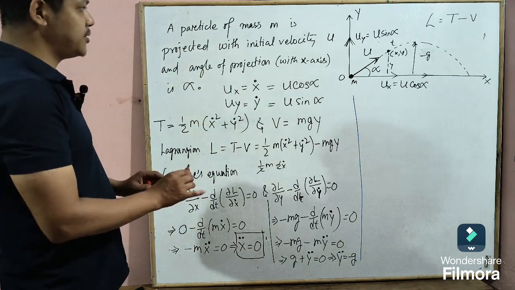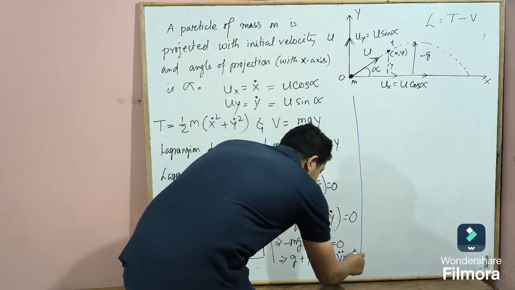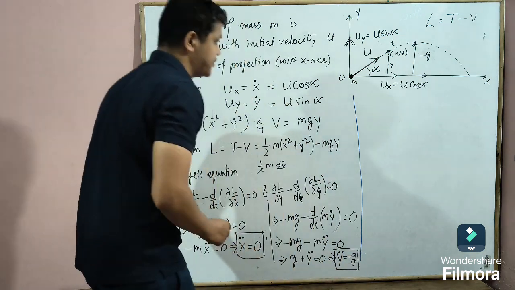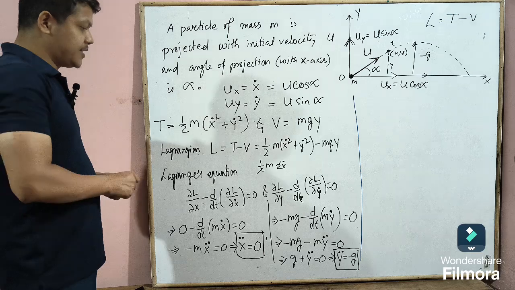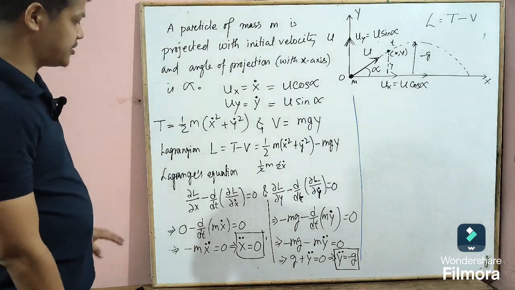But if you want to know the path, what kind of path it is taking, then you have to find the equation of the path. Then how to find that? Let me show you. First copy these things, note these things. I'm going to clean the board.